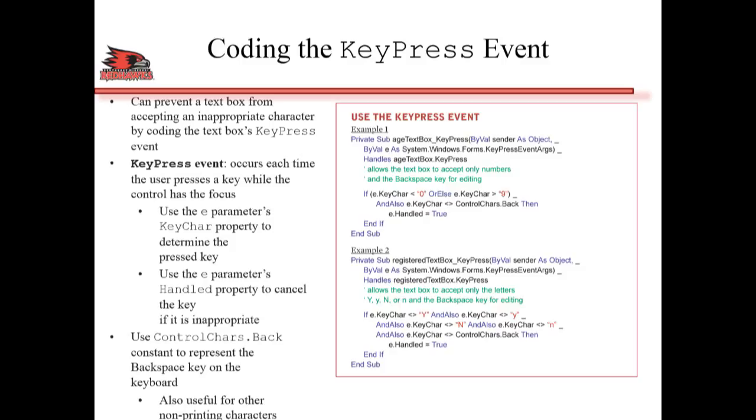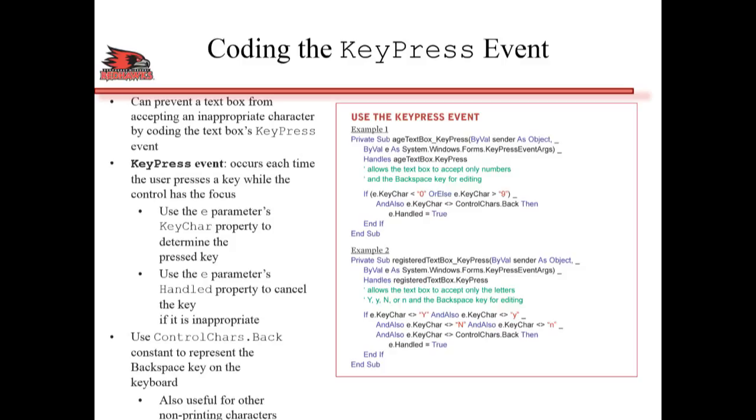That e stores information on what keys are being pressed or what inputs are given to the text box itself, and we can check that using e.keychar. So e.keychar contains the user input in the text box.